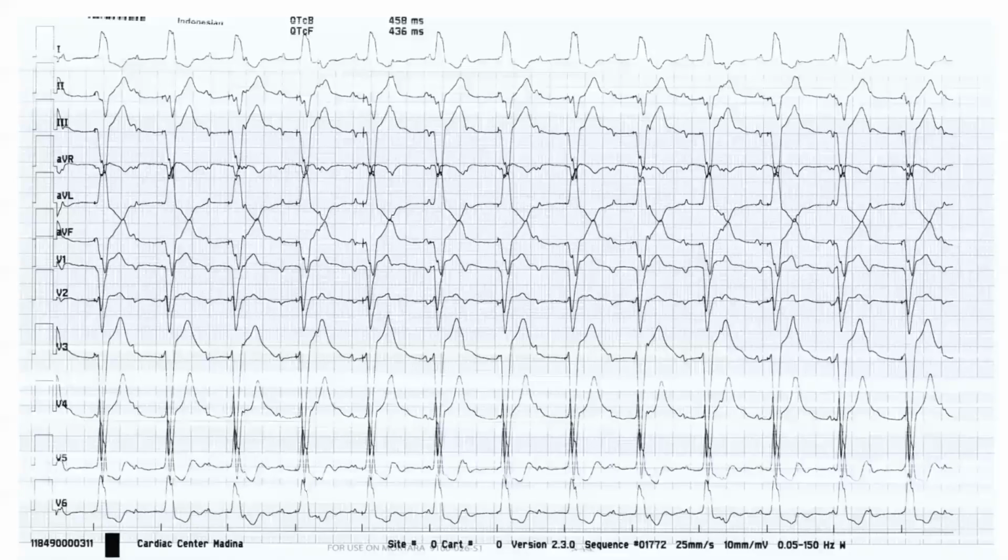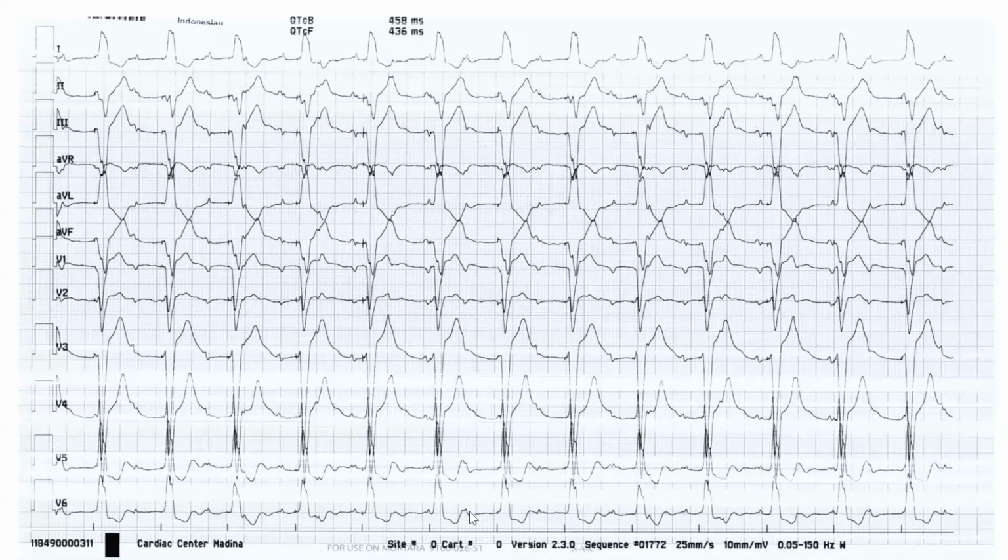Next, for this patient with this ECG showing a left bundle morphology, we can see the pacing spikes for the ventricles. This pacemaker is a single chamber pacemaker, a VVI pacemaker.